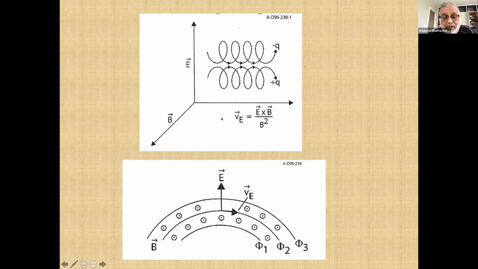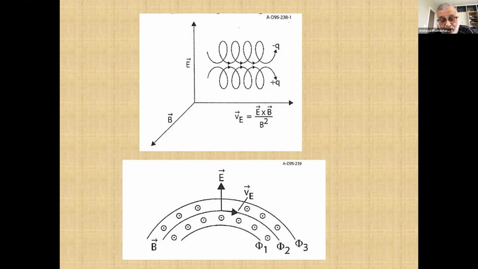Now, what is an equipotential surface? An equipotential surface by definition is one which is normal to E, right? Because if it were not, suppose E were not normal to the equipotential surface, but were inclined to it at an angle, then there will be a component of E parallel to the surface.